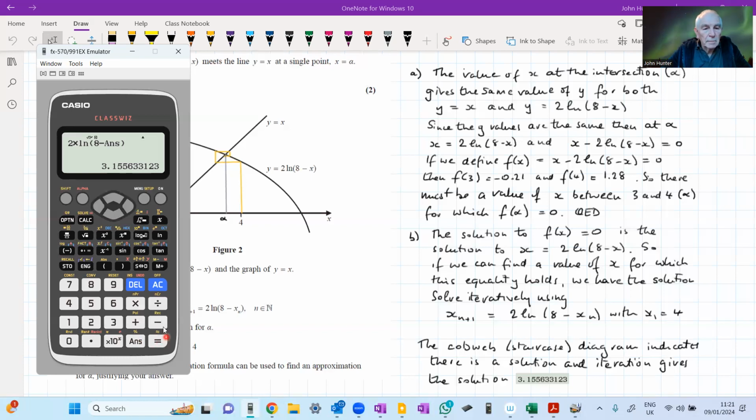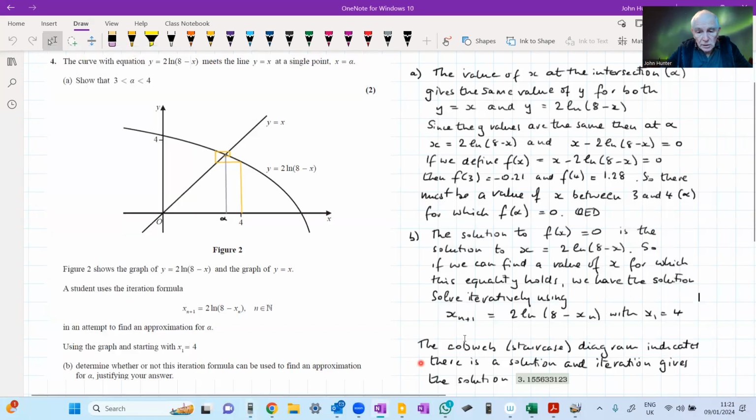So that is our estimate for alpha. Note it is an estimate, because this number looks as if we've got a lot more decimal places. It's probably no end to it. So that is the solution which has been found iteratively.